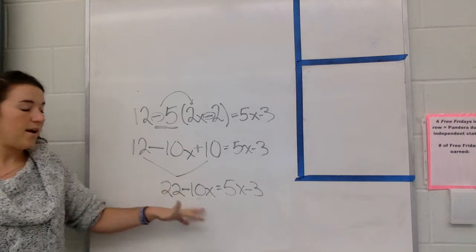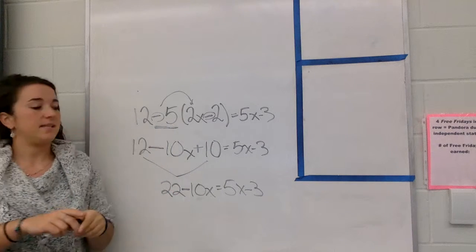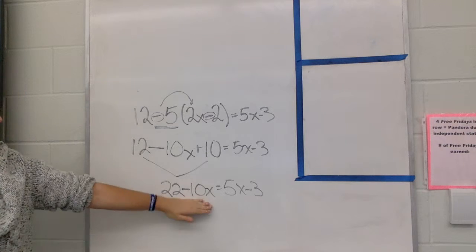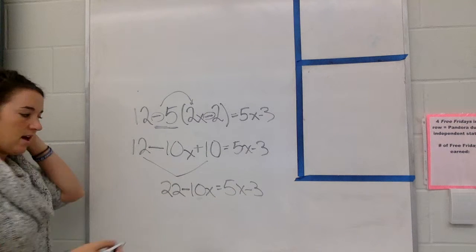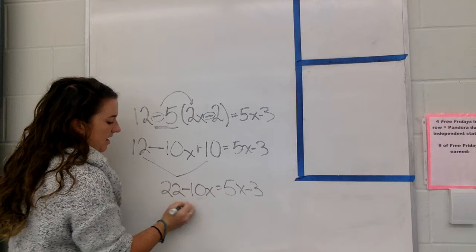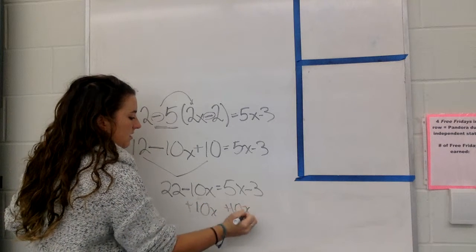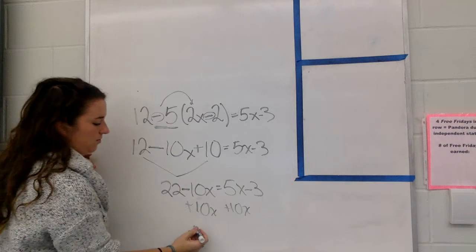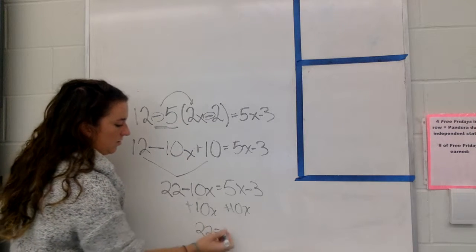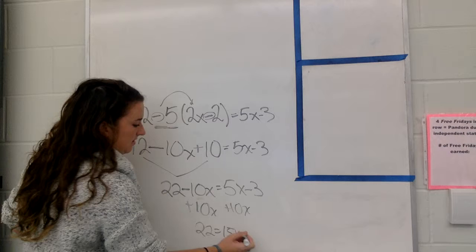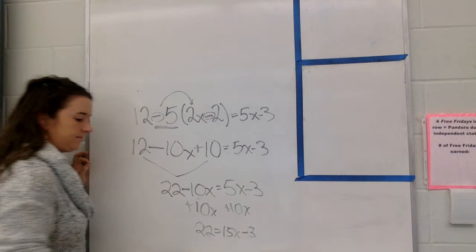No. So now I need to move my x's to the same side. Which x's do I want to move? My -10x or my 5x? I want to move my -10x. I can do that by adding 10x. We'll end up with 22 equals 15x minus 3.